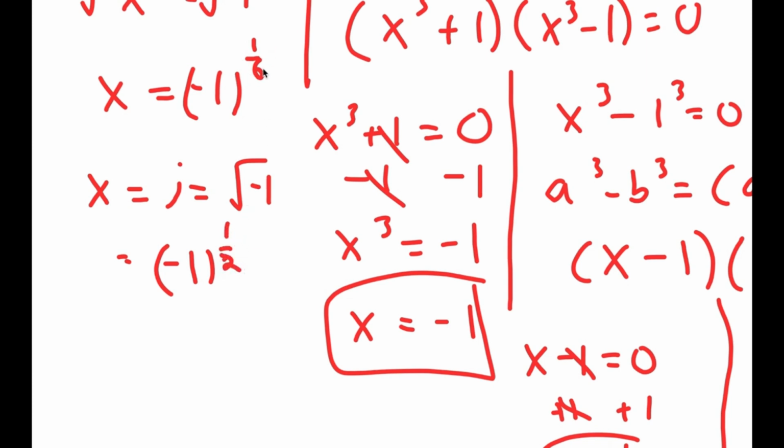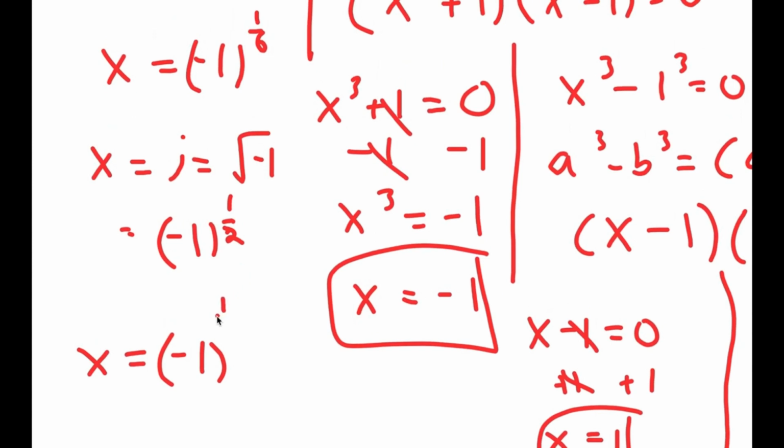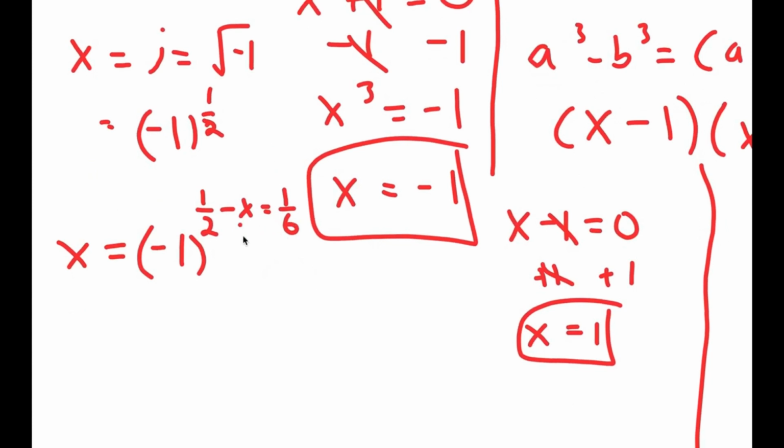So negative 1 to the power of 1 over 6 is the same thing as negative 1 to the power of 1/2 minus something. So now 1/2 minus 1 over 6 is equal to 1 over 3.